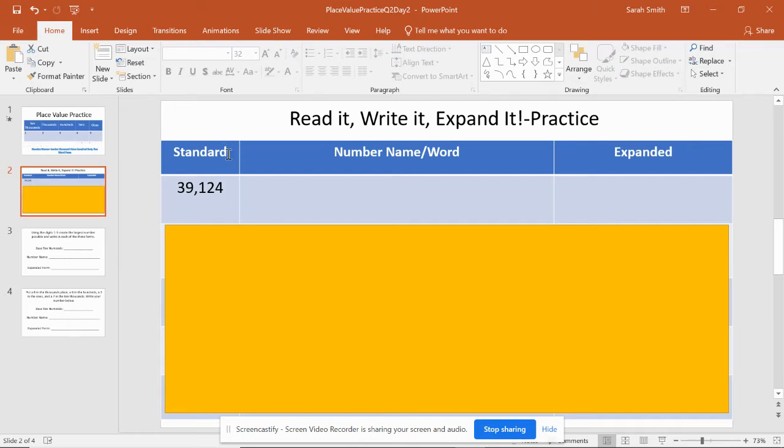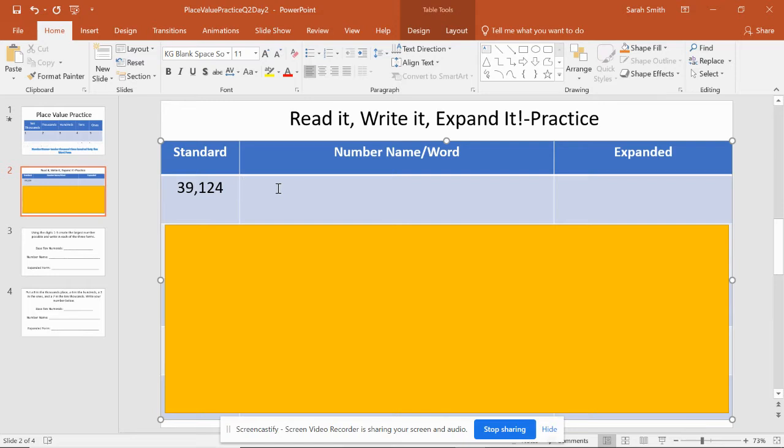So this one says standard form number 39,124. So how would I type that? First of all, I'm going to make that bigger. So the way that I would type that is the following. I'd say 39 thousand. I'm not going to say and.